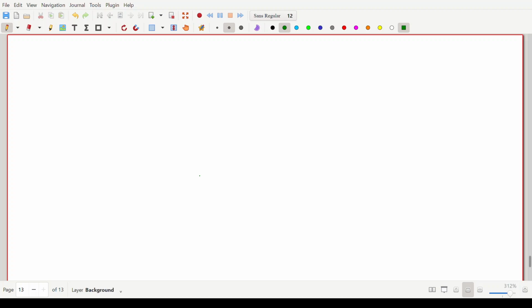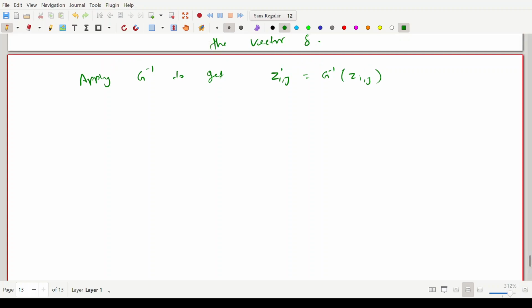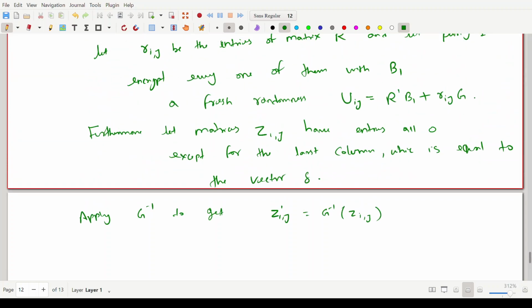Now apply G inverse to get this Zij dash, which is equal to G inverse of Zij. I was having Zij, and what I am doing is putting this G inverse of Zij. This is similar to your GSW protocol where we were doing this part.